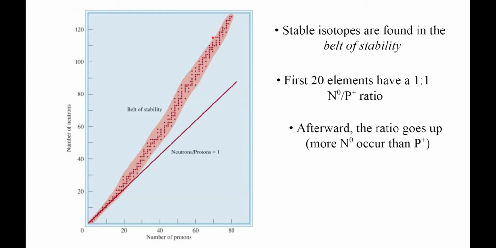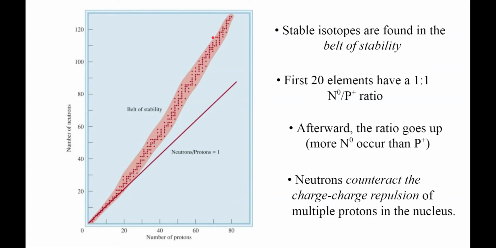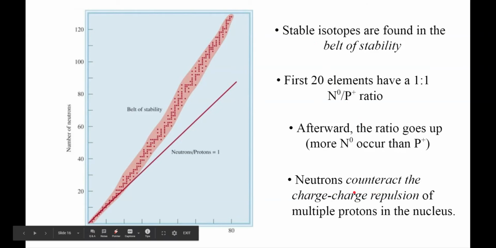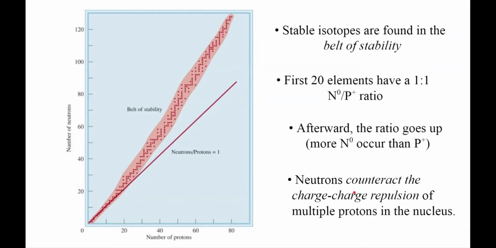Now, what this does is it kind of gives us a viewpoint of why neutrons. Because we know protons tell us what element we're talking about. They give them their overall properties. And we know chemical reactions are determined by valence structure. But what's the whole point of the neutrons? And so we believe neutrons play a role in counteracting proton-proton repulsions, where we know positive like charges repel.